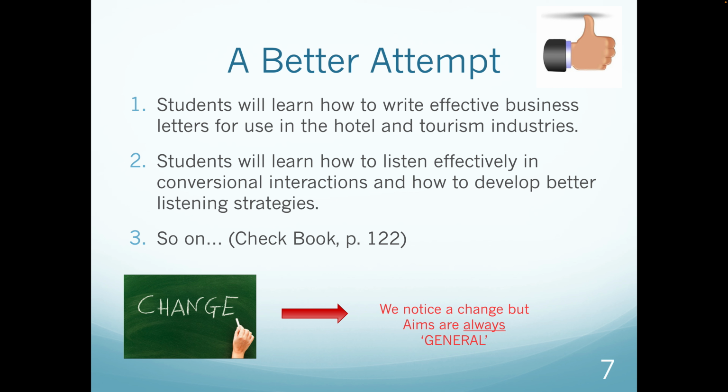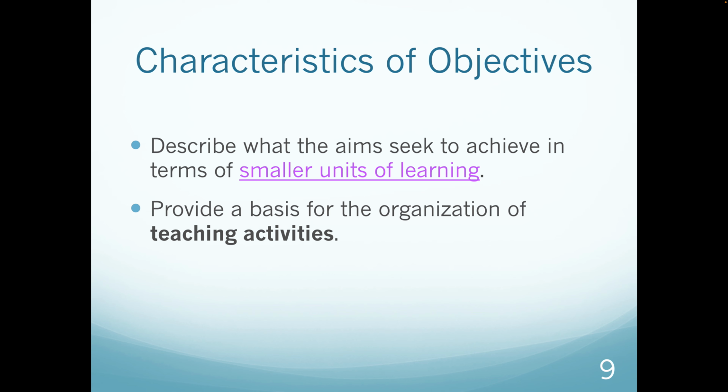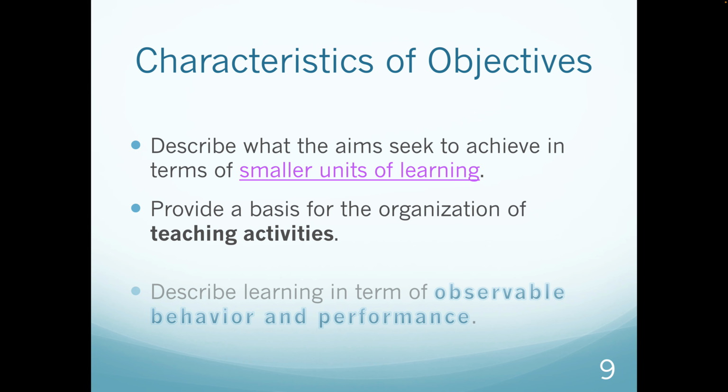So you can see here it's a natural follow-up to the aims. They also provide a basis for the organization of teaching activities. Now we get into the hands-on, pragmatic or practical things that teachers are going to be implementing in the classroom. So organizing teaching activities is part of your objectives.